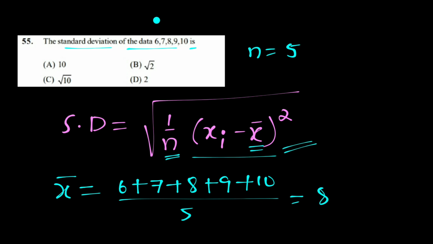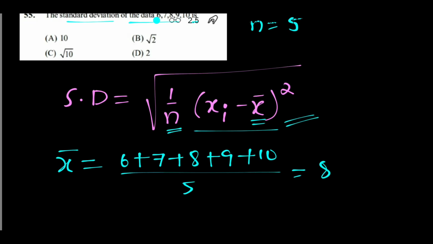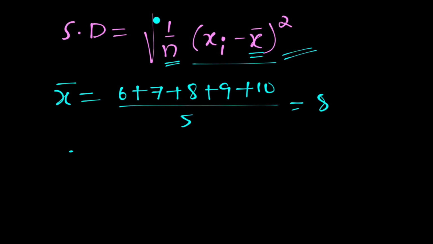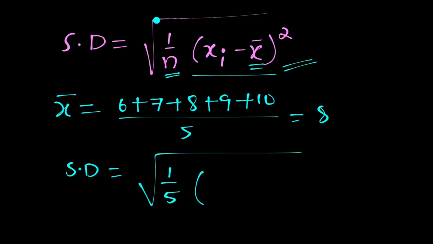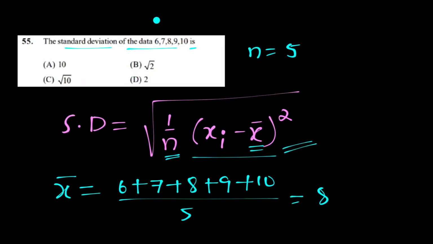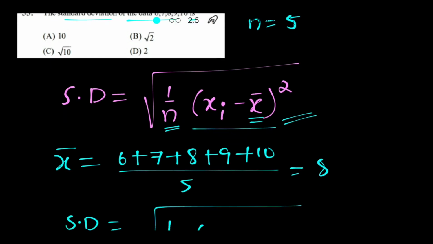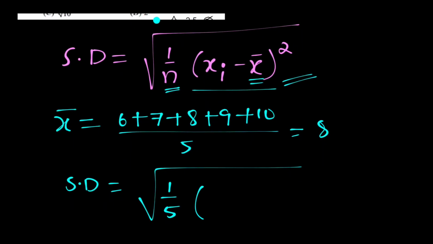So now we substitute the values in the standard deviation formula. SD is equal to square root of 1 by n. N is 5. Xi is nothing but, one time, 6. 6 minus x bar, 6 minus 8 is minus 2. Minus 2 whole square is 4. Plus next value is 7. 7 minus 8 is minus 1, whole square is 1.